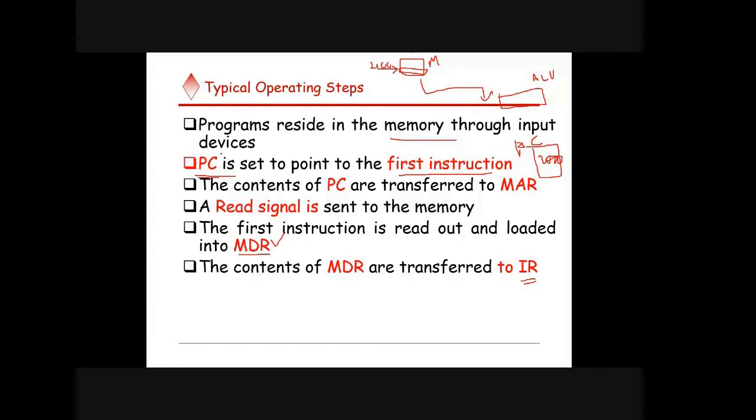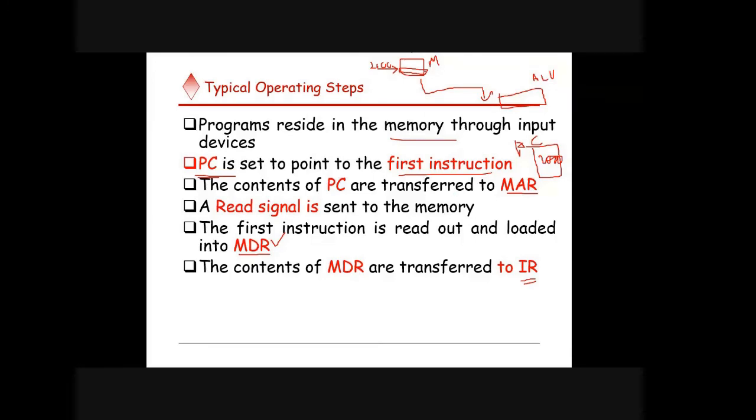Once it is loaded in the program counter, that data will be transferred to your MAR, that is your memory address register, and the memory address register content will be transferred to the memory unit. So it will get to know the address, but whether I should write there or read from there, the memory unit doesn't know. So the control unit will generate the corresponding signal for that. It will generate a read signal. So the memory unit understood that in this particular memory location's content it should read.